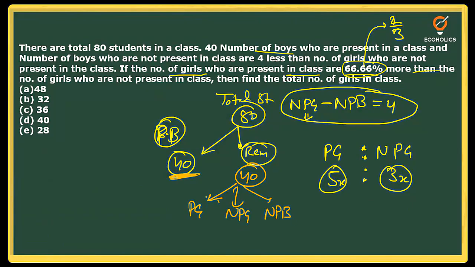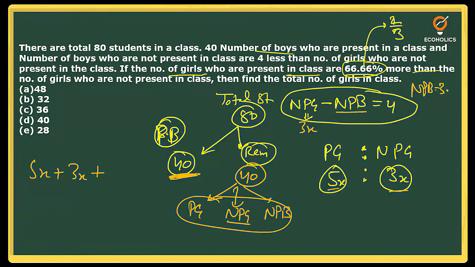So present girls 5x, non-present girls 3x, and non-present boys will be 3x minus 4, and that should be equal to 40. So it will be 5x plus 3x plus 3x minus 4, 11x is equal to 44.